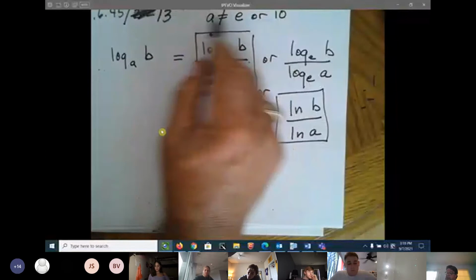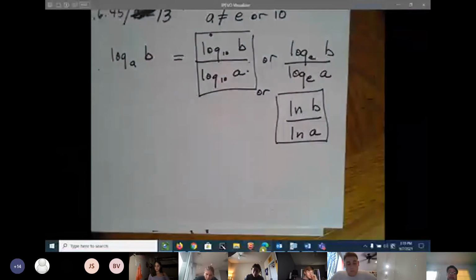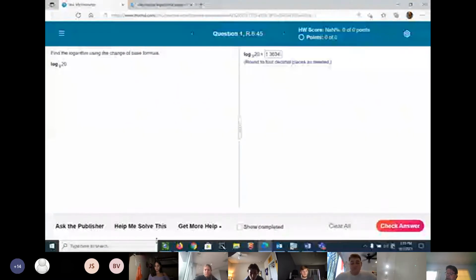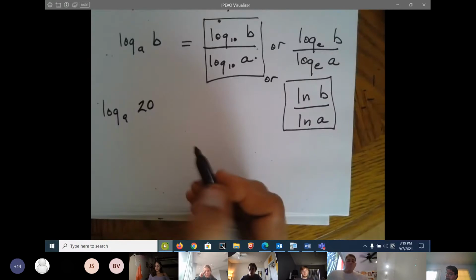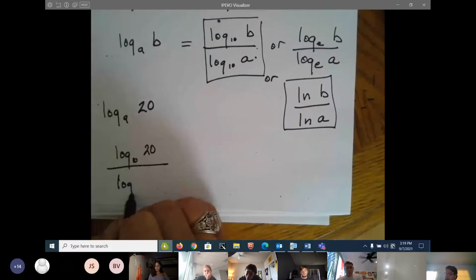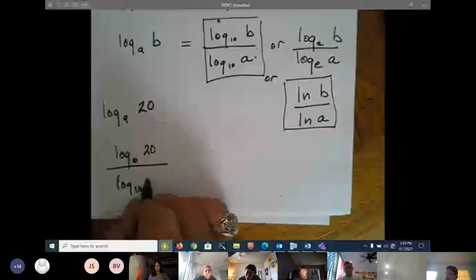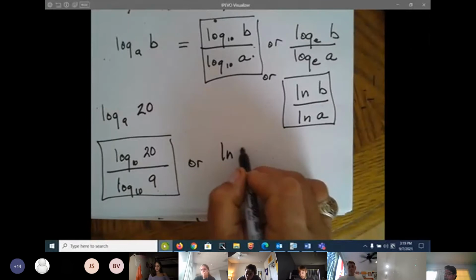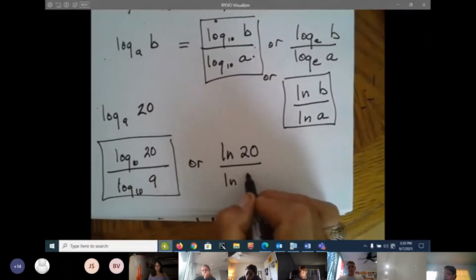So this is the question that was just asked. This says log base 9 of 20. And that's going to be log base 10 of 20 over log base 10 of 9, or the natural log of 20 over the natural log of 9.